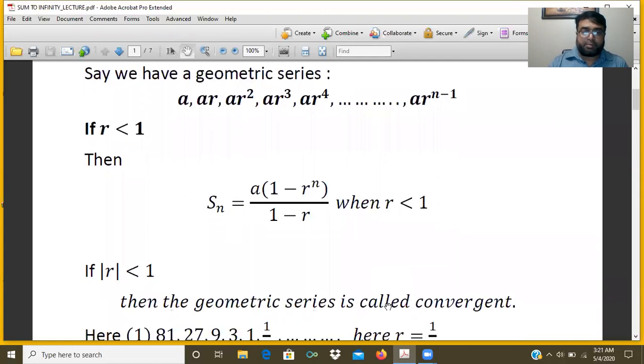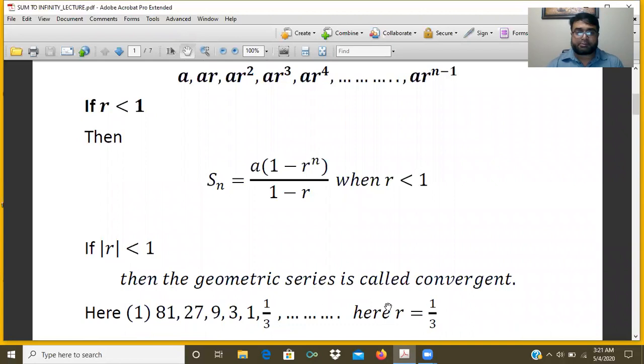And remember, if the modulus of r is less than 1, then the geometric series is called a convergent series. This is a very special thing, a different name we see here: convergent.